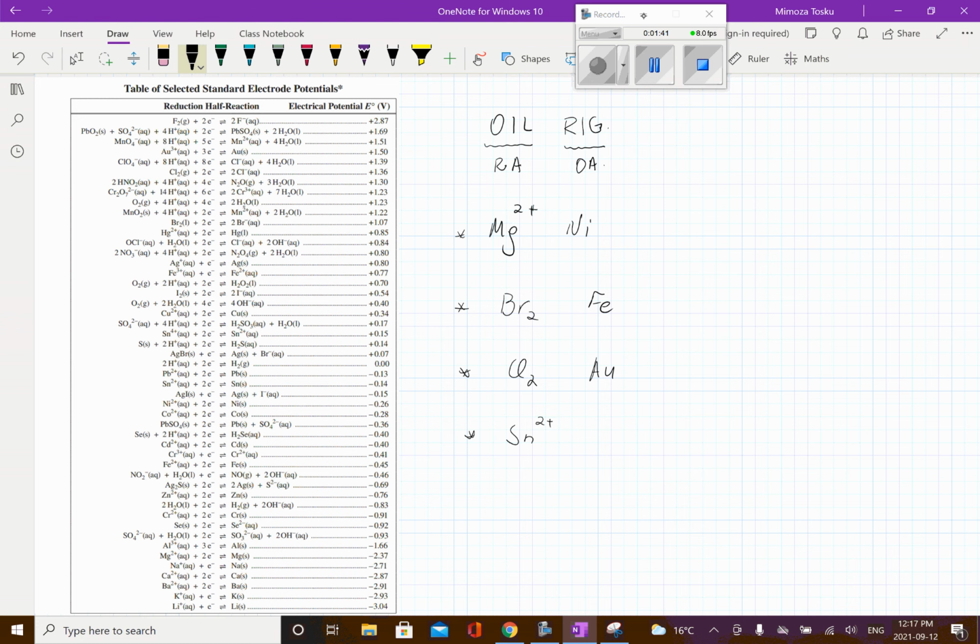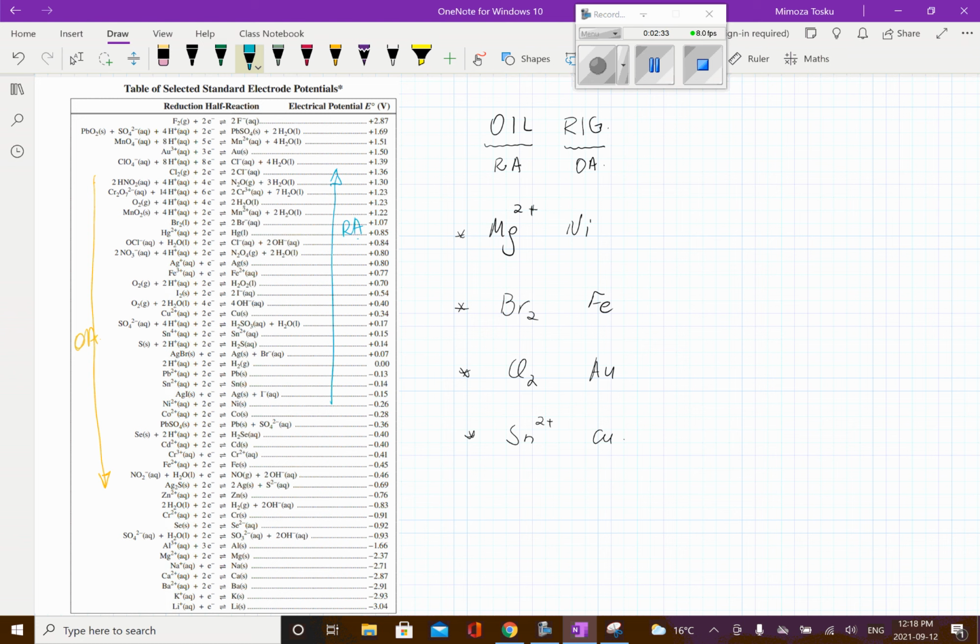Okay, so now let's take a look at the table in your data booklet on page 7 and see if, when magnesium 2+ is reacting with nickel, we have a reaction or not. Keep in mind what we have said so many times, that whatever is on the left side of the reaction is the oxidizing agent, and whatever is on the right side is the reducing agent.